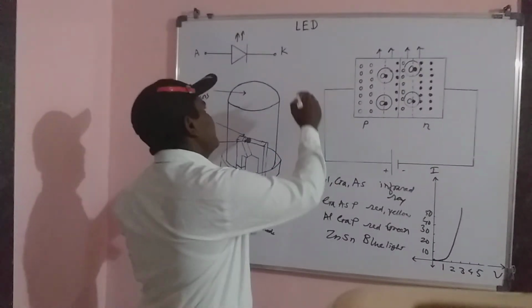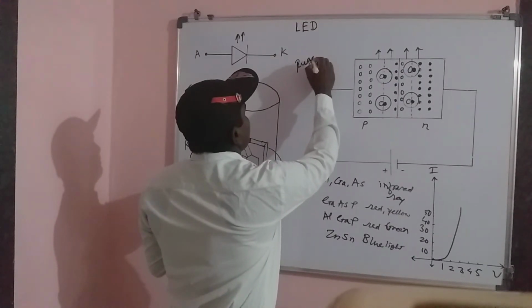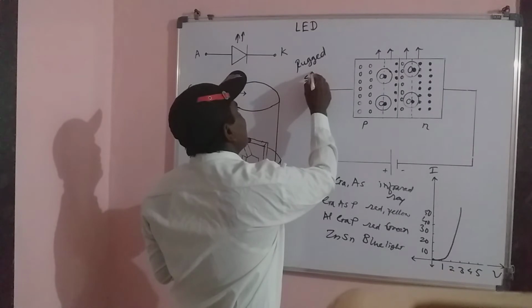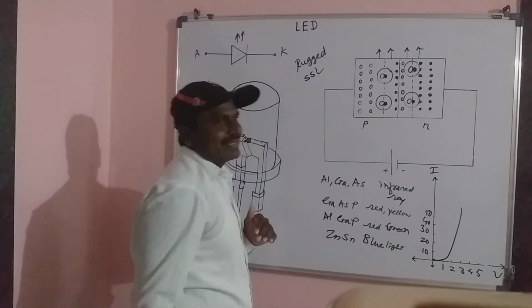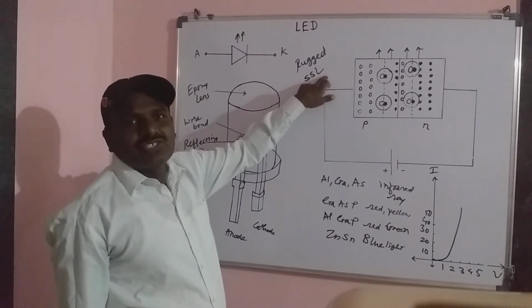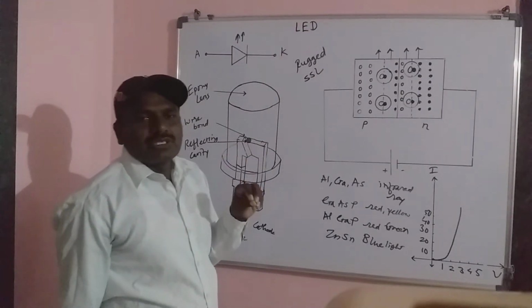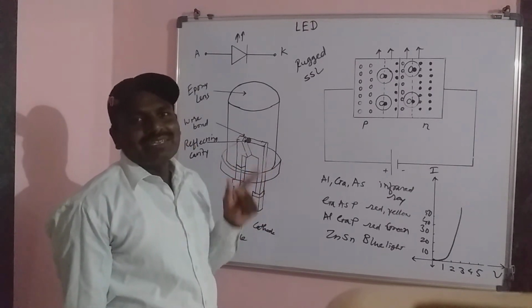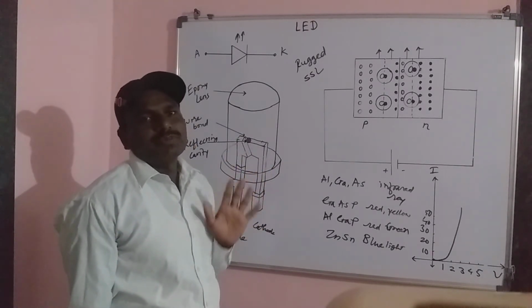The next advantage is that it is reusable. An LED is also called an SSL, that is solid state light, in which no filament is used in the diode as in a bulb or tubes.